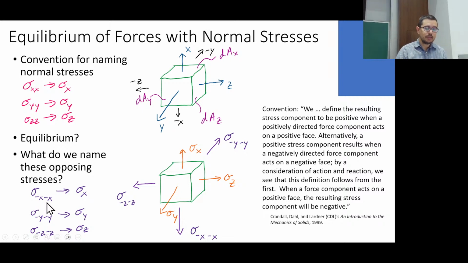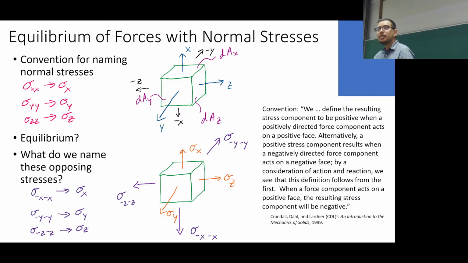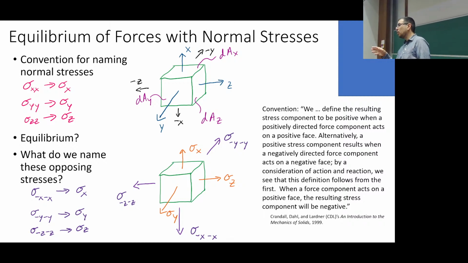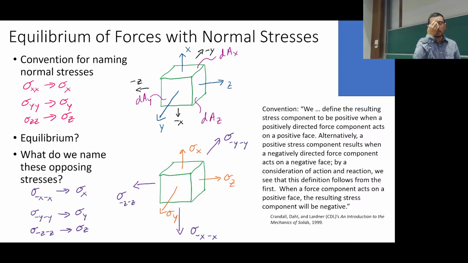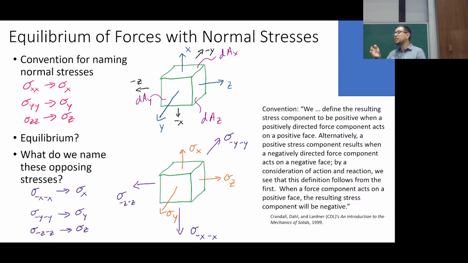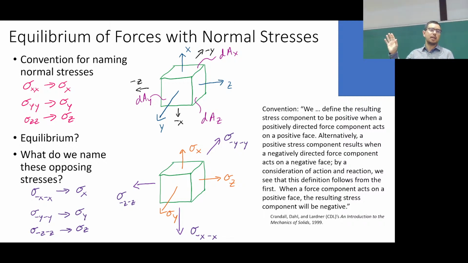It's saying, don't stress about this. Just do sigma minus x is going to be the same as sigma x. Sigma minus y is the same as sigma y, and sigma minus z is the same as sigma z. And this is not too dissimilar from what you've thought about. Remember when we take slices and do the cover-up method, we cover the right side, and we have a normal force coming out of it.